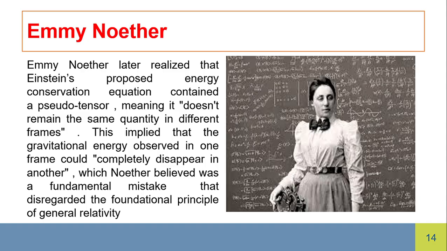So if we change the coordinate system, the value and the whole thing will change. So that was not correct, and Noether realized that. It was David Hilbert who proposed that Noether, who was his assistant, should help with this. She was also a master in symmetry, and this is how she solved this crisis.